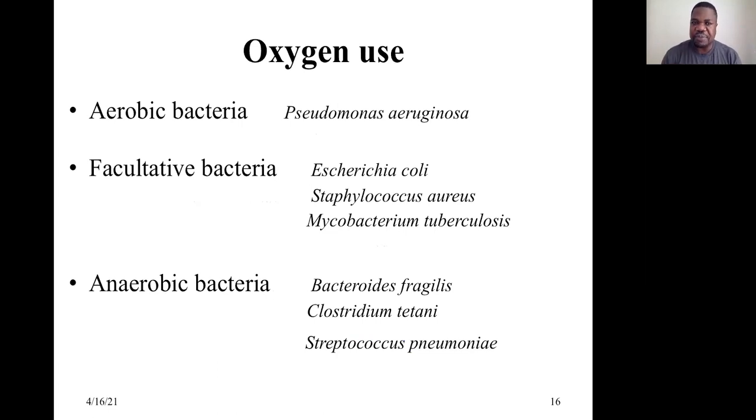Examples of those microorganisms: the strict aerobic bacteria, Pseudomonas aeruginosa, is an example of an aerobic bacterium. Facultative bacteria are your E. coli, Staphylococcus aureus, Mycobacterium tuberculosis. Mycobacterium tuberculosis is not a strict aerobic bacterium, it's a facultative bacterium.